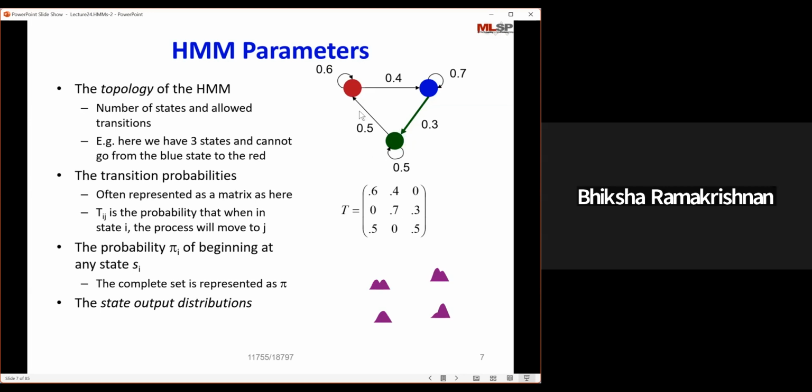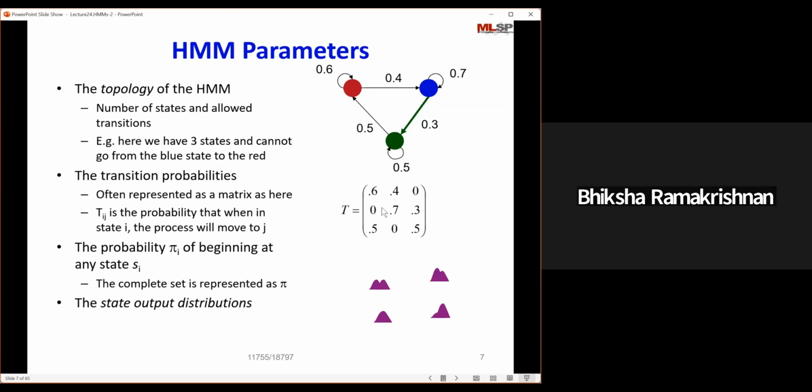And so when you're in the red state, you can transit back to the red state with probability 0.6, or move to the blue state with probability 0.4. If you're in blue, you can transition back into blue with probability 0.7, or go to the green with probability 0.3, but there's no way of going back to the red state.